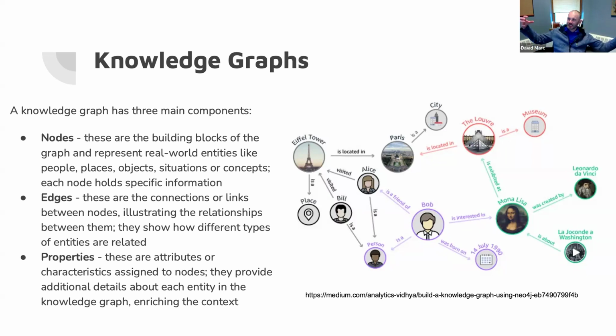You can see the expansion of these knowledge graphs that allow us to gain more connections between disparate data that otherwise wouldn't be connected. Bob may not have any connection to the Eiffel Tower other than being a person and being connected to Alice. So this is how we can gain more interconnected access to public data.